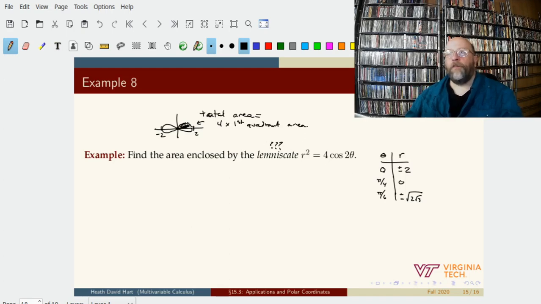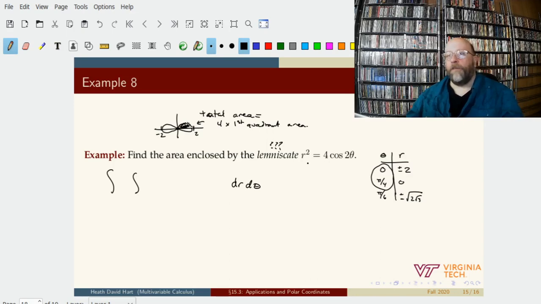And the first quadrant area happens between 0 and pi over 4. Once we get to pi over 4, we're back at the origin, and that closes up this region. Okay? So we can set this up in the order dr d theta. Okay?